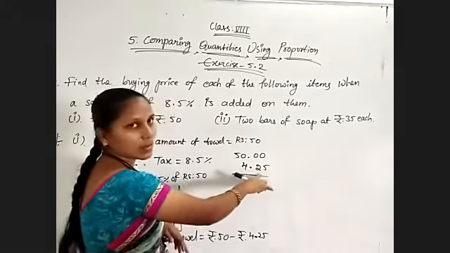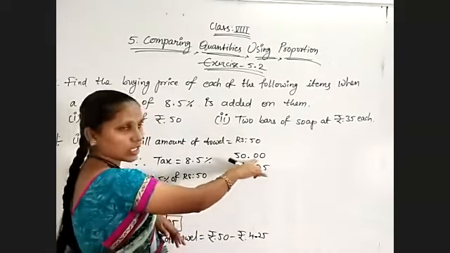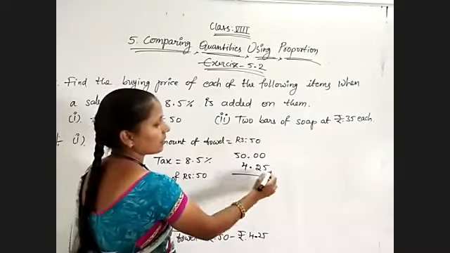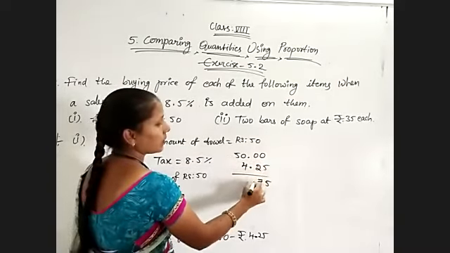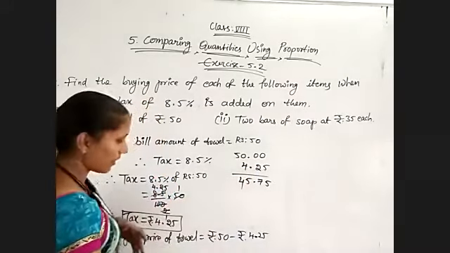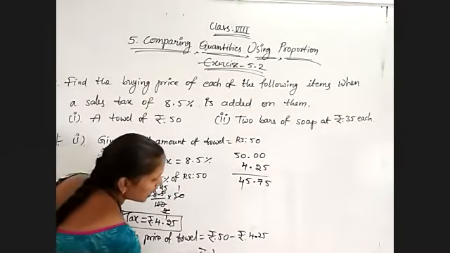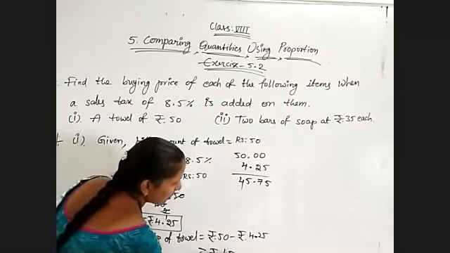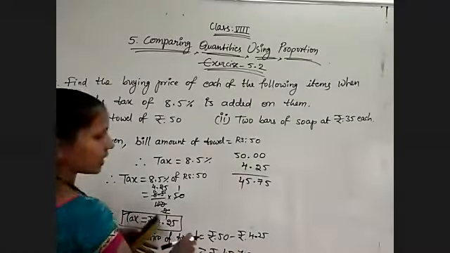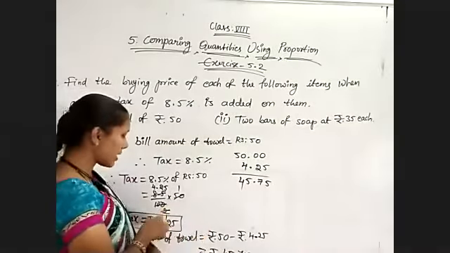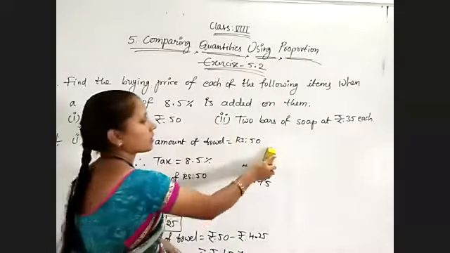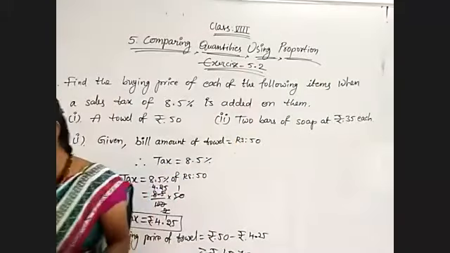Because here two decimal digits are there, that's why I have placed the two zeros. Now 10 minus 5 is 5, 9 minus 2 is 7, 9 minus 4 is 5, and 4. 45.75 rupees will be the buying cost of a towel. Cost price of towel is 45.75 and tax is 4.25. Then bill amount is 50 rupees. Okay, I hope you understood now.